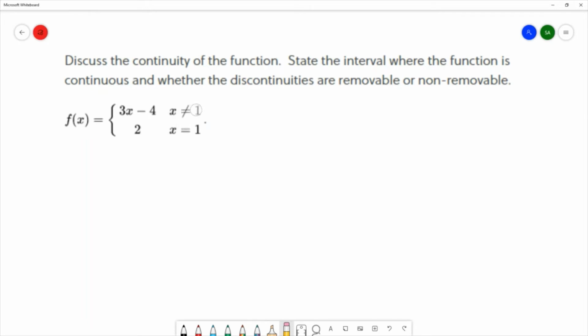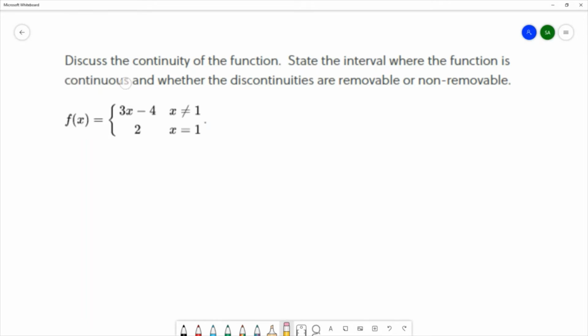We use the first equation anytime x is not equal to 1, and the second equation when x is equal to 1. So this is the location at x equals 1 where we're concerned about whether the two pieces line up with each other. So we're going to take a look at the continuity criteria.